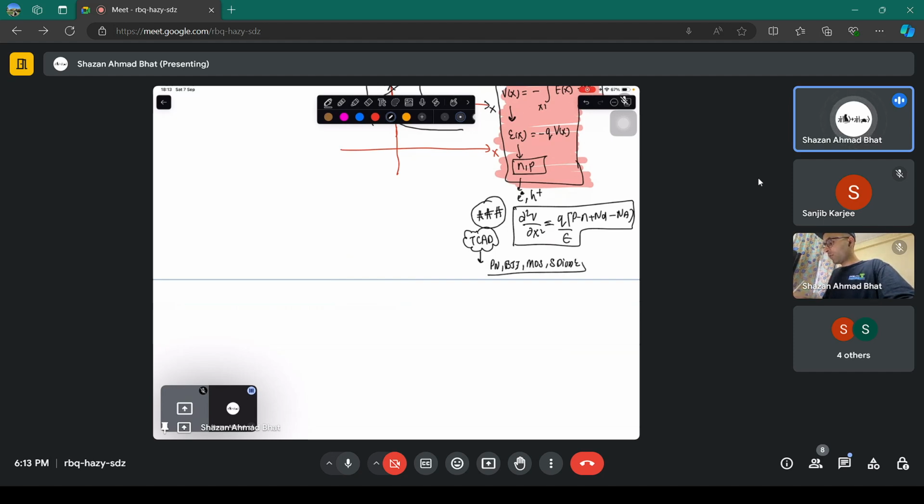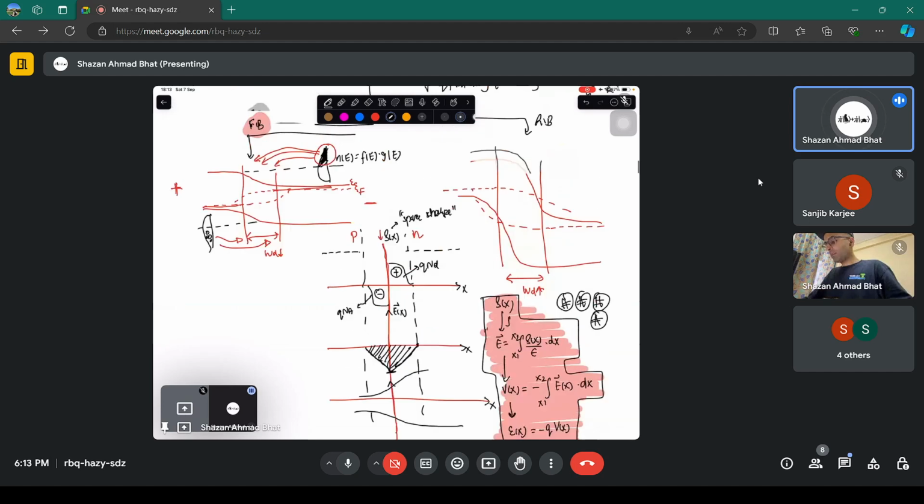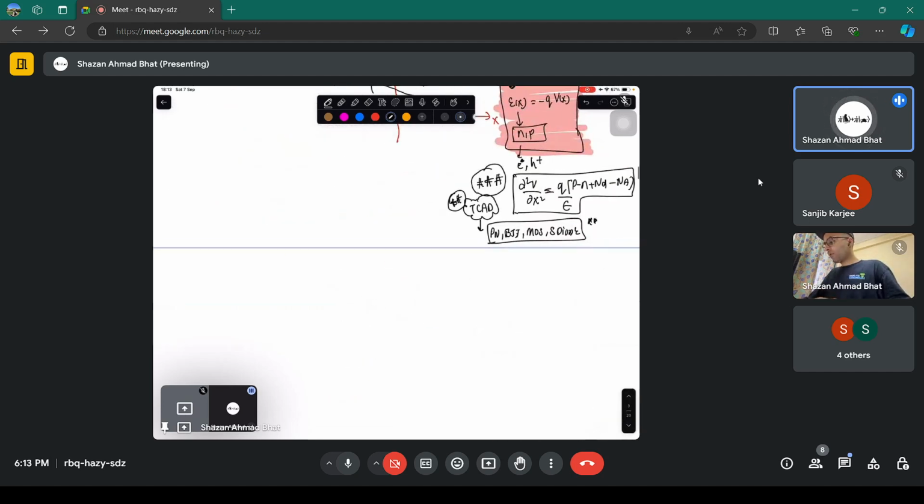If you can do this kind of simulation, you are just ready to go into any of the top industries, let's say Micron or maybe IBM. They all use these kinds of tools, particularly TCAD and other transistor CAD tools. So you just have to understand the basics of this. So that's the overview of it.